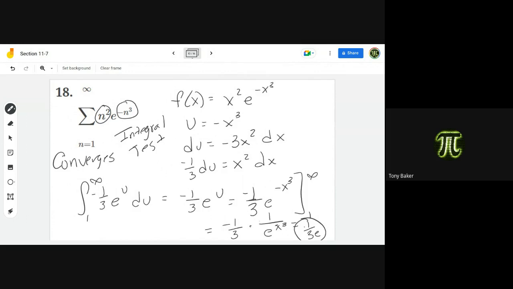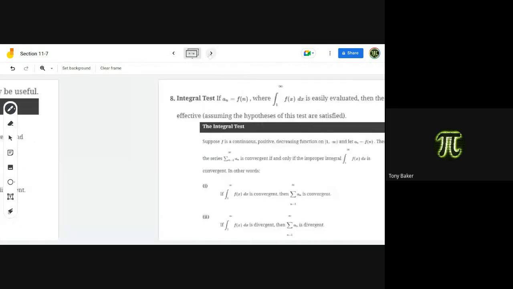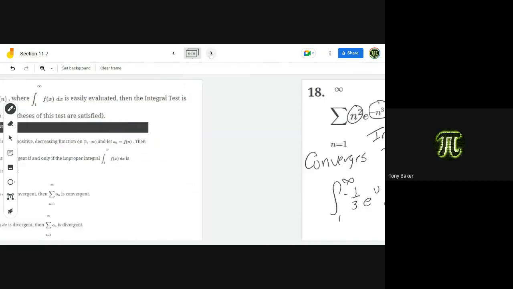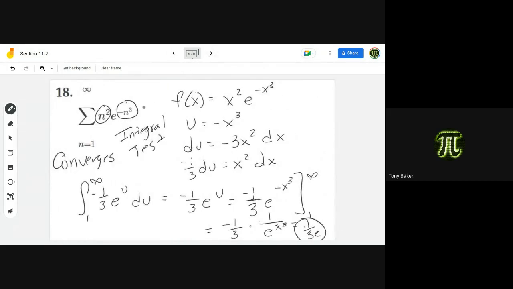So it's just that at the final end. Yeah, so basically, if we go back and look at the integral test one we just looked at, it's continuous, positive, and decreasing. If we look at this one, I know it's positive, I know it's continuous, and because that's down the bottom, it's decreasing.